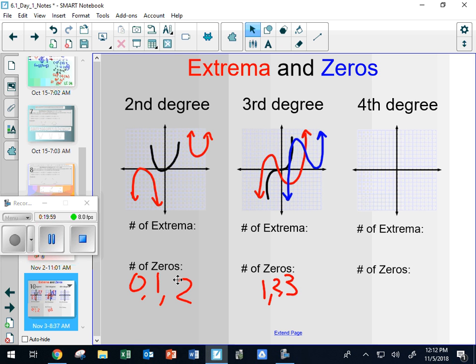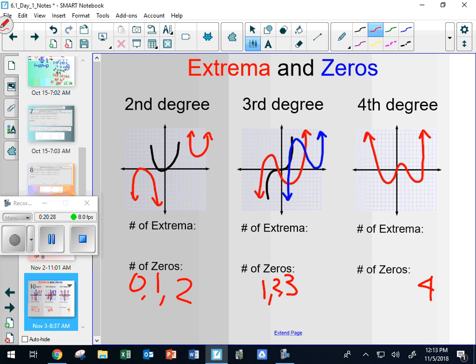All right, then for this last one over here, fourth degree. What is one way that we could draw something to the fourth degree? Have you ever seen like this kind of W shape? That's a fourth degree, right? So if this is a fourth degree here, and we're looking at the number of zeros here, how many zeros can you count from this one? 4 zeros.